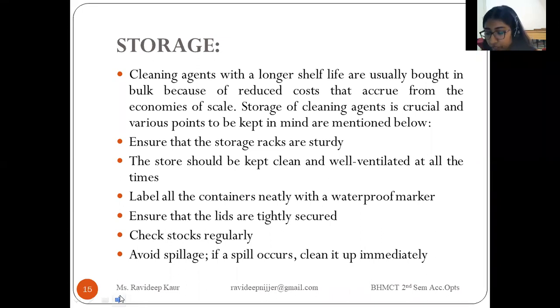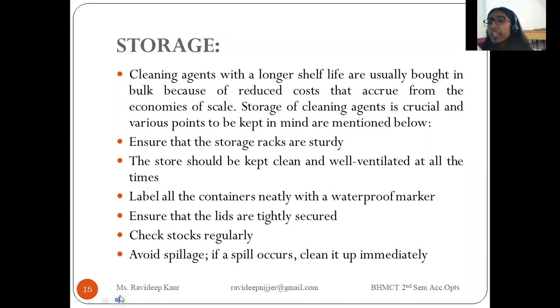And if the lifespan or the durability of the cleaning agent is less, you should buy those cleaning agents in the required quantity only.